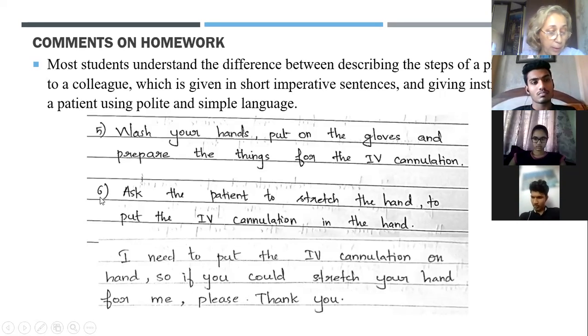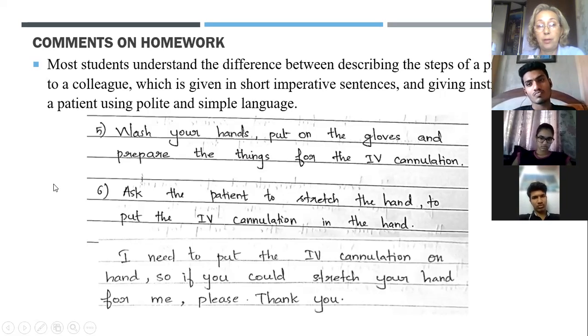That is why you see that some students have a score which is less than 10 points. So I evaluated your papers with only half the score because you've done your job just looking for the information on the internet about the cannulation procedure, but you didn't adapt the instructions to the conversation to a patient.